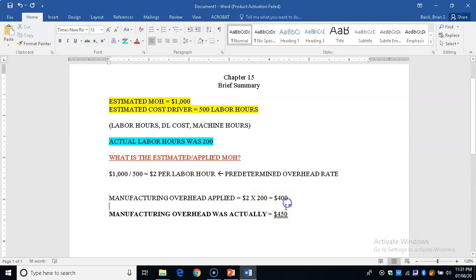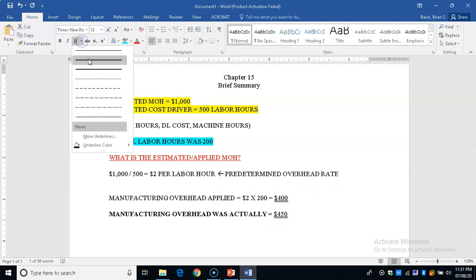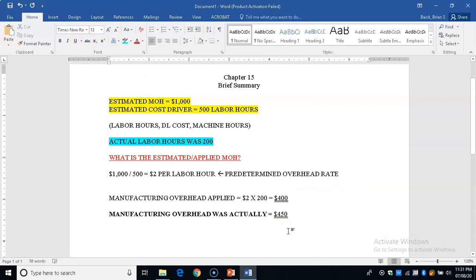So we actually had $450 in overhead, but we applied $400. Did we over apply or under apply overhead? Well, we applied 400, but it was actually 450, so we did not apply enough. So it's under applied. And what's the difference between these two numbers? $50.